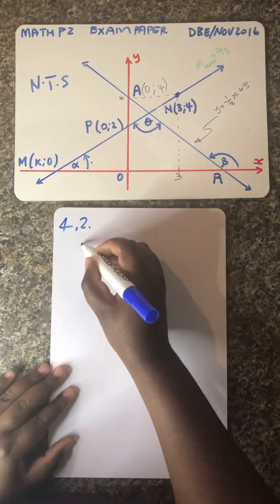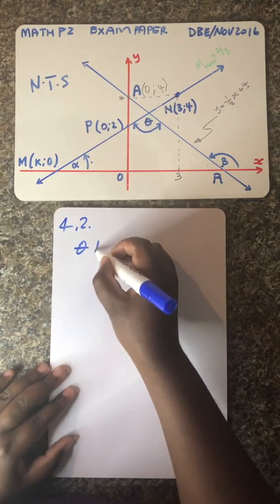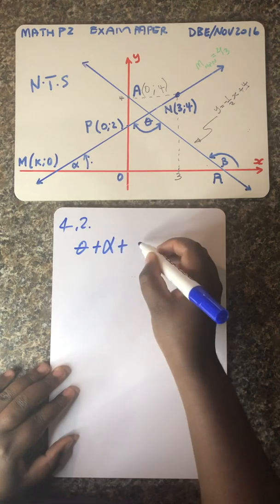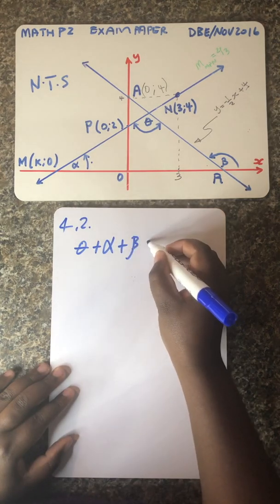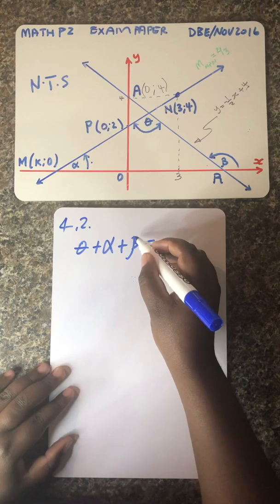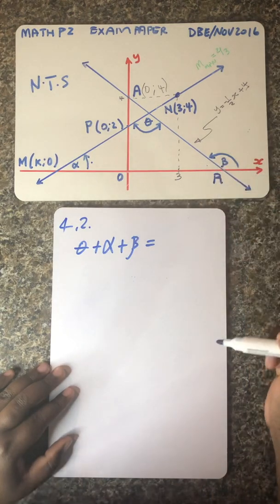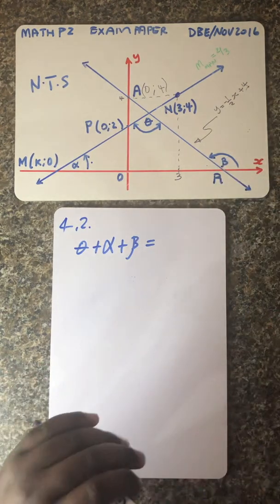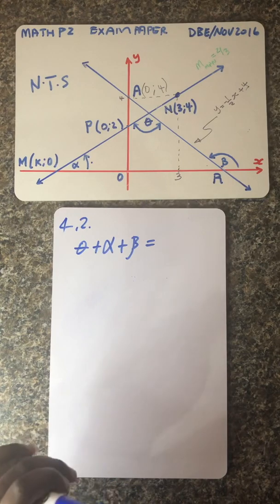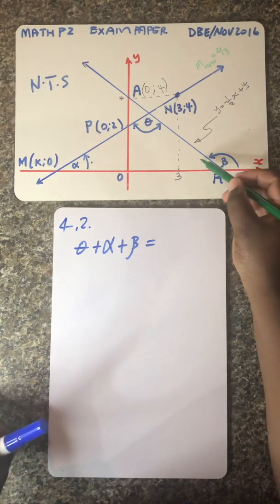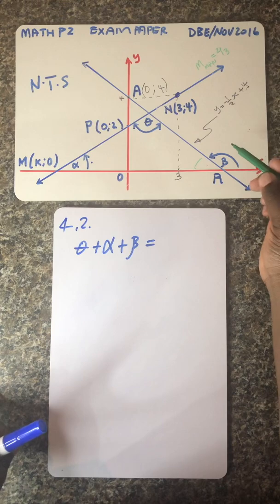So guys, remember, angle theta plus angle alpha plus that angle. I'm not sure if we can just refer to that angle as an unknown angle. What can we use?